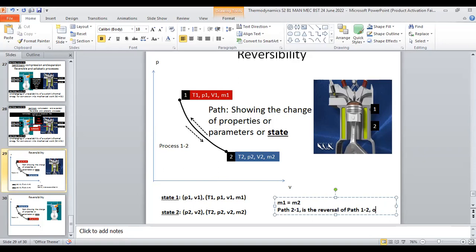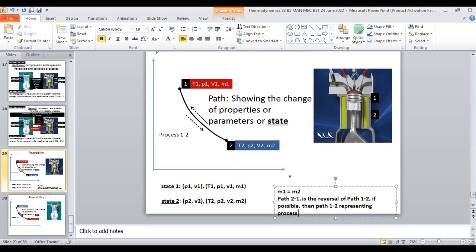If possible, then path 1 to 2 representing the thermodynamic process 1 to 2 is a reversible process.